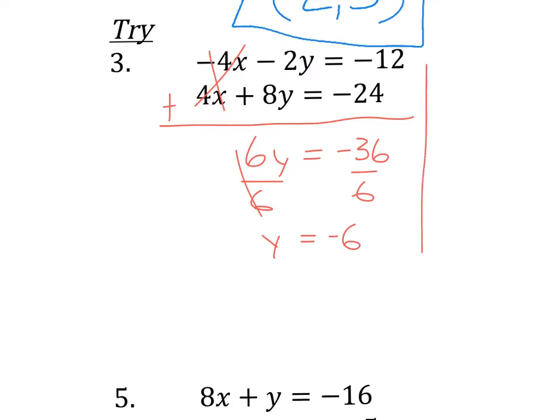So let's find an x to go with it. I like the bottom equation a little better because it doesn't have negatives in it. So 4x plus 8 times y, which is negative 6, equals negative 24. So then solving for that x, 8 times negative 6 is negative 48.